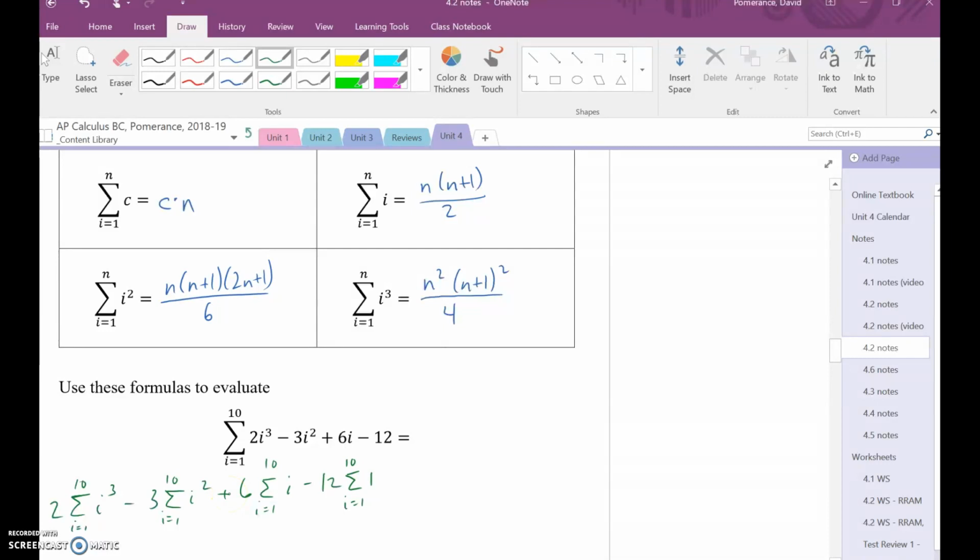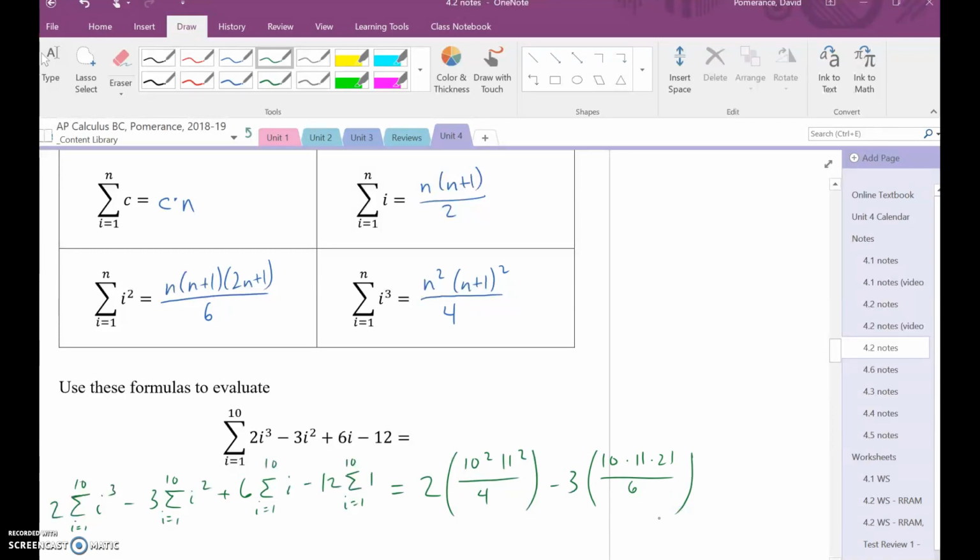So when we work those out, we get 2 times, well, our cube formula tells us to take n squared and n plus 1 squared and divide that by 4. And then we've got minus 3 times, and our squared formula tells us to take n, which is 10, times n plus 1, which is 11, times 2n plus 1, which is 21, and we're going to divide that by 6.